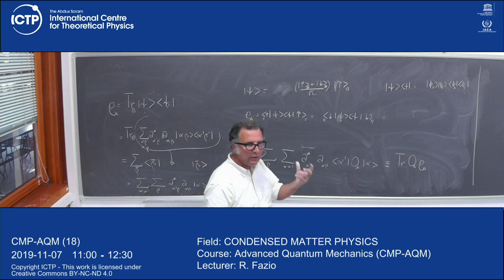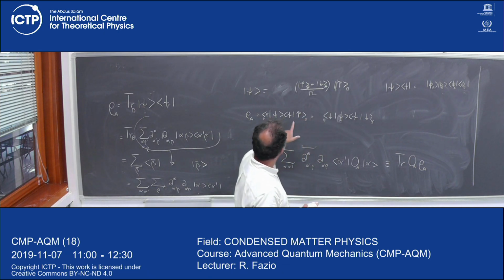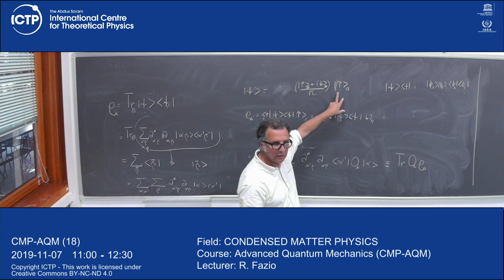Then, when I sandwich with up, I have the scalar product of up B times up B, which is 1.